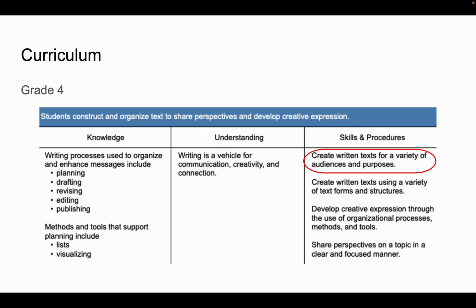And I believe grade 5 and grade 6, maybe even grade 2 and grade 1, have that same skill and procedure. And so if we're only looking at the skills and procedures, it's very wide open for what we expect kids to be able to do at that grade level. And so it's really important that we look back and connect it to the knowledge points of the curriculum.